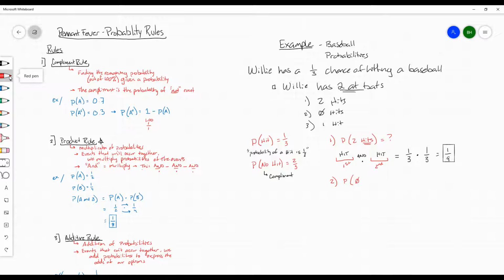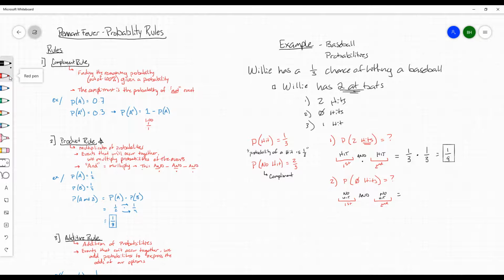Number 2 states that Willie wants no hits. I don't know why he would want no hits. That doesn't sound very productive in a baseball game. But here, if we do the same thing that we did before, we have his first at-bat and his second at-bat. We want to see Willie get no hit, and because he only has 2 at-bats, we want him to also get another no hit.